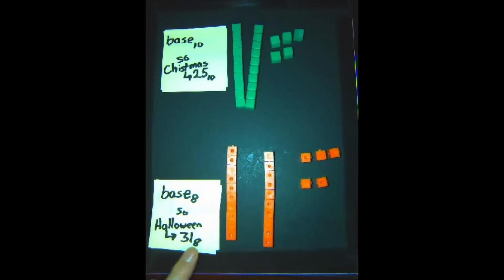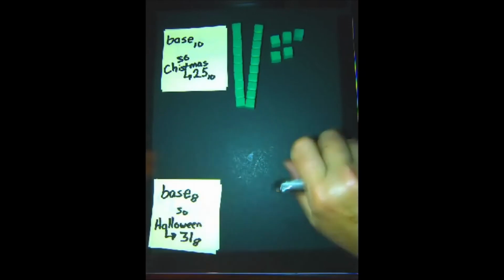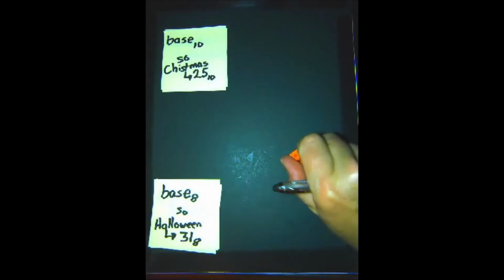The secret is to remember what is the base and generate the corresponding place value. So in this case, the first place value is our 1 place value. Our second place value would be our 8 place values. If you think about it, what do you think the next place value up in base 8 would be?